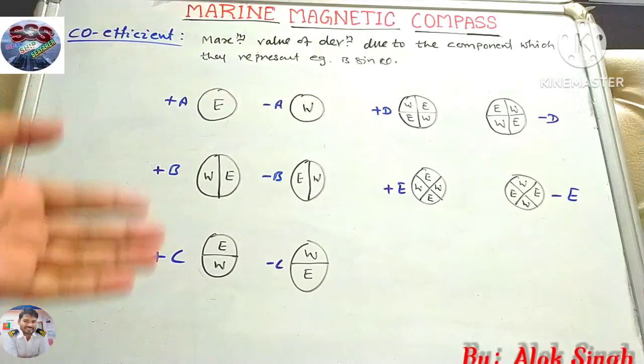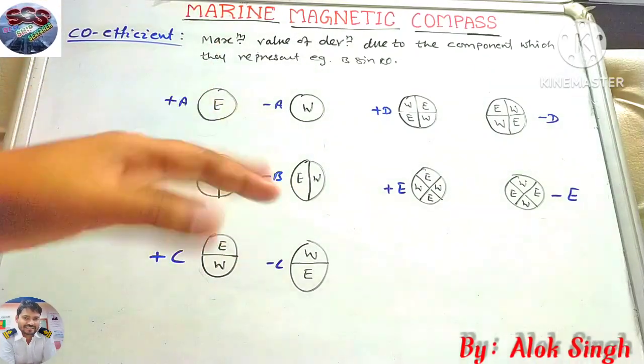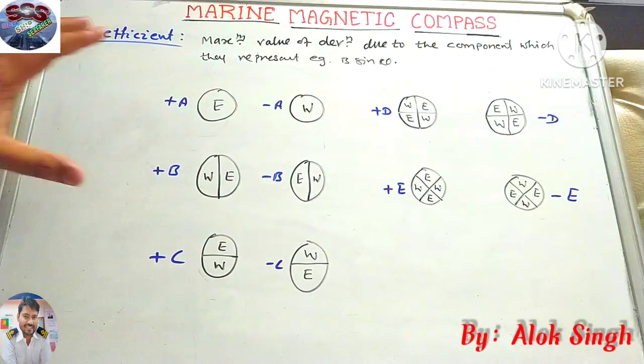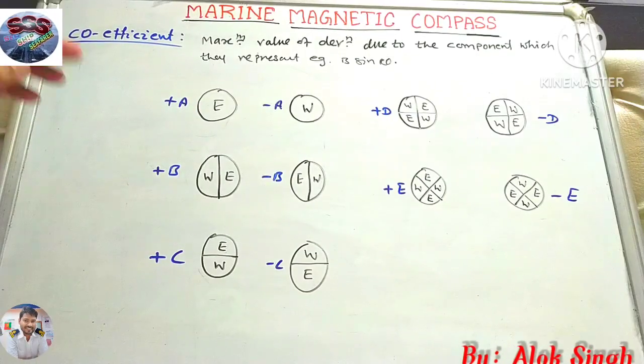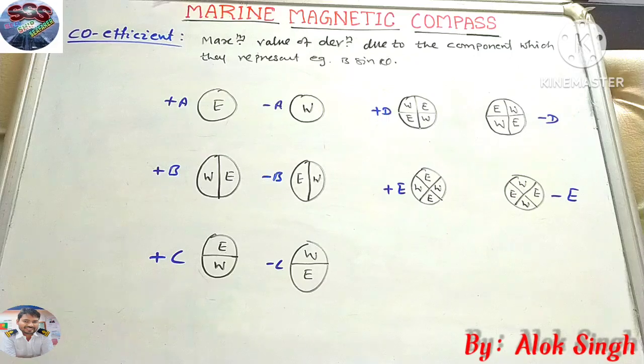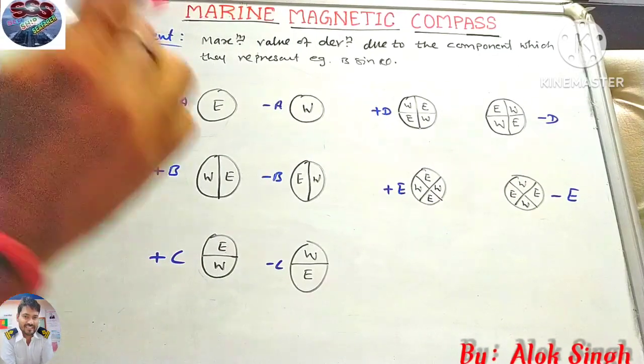Example, B sine course, C cos course, or D sine 2 course, etc. Whatever. Now for the sign convention, I will point out one thumb rule, and that will be applicable everywhere, so you need to focus here.